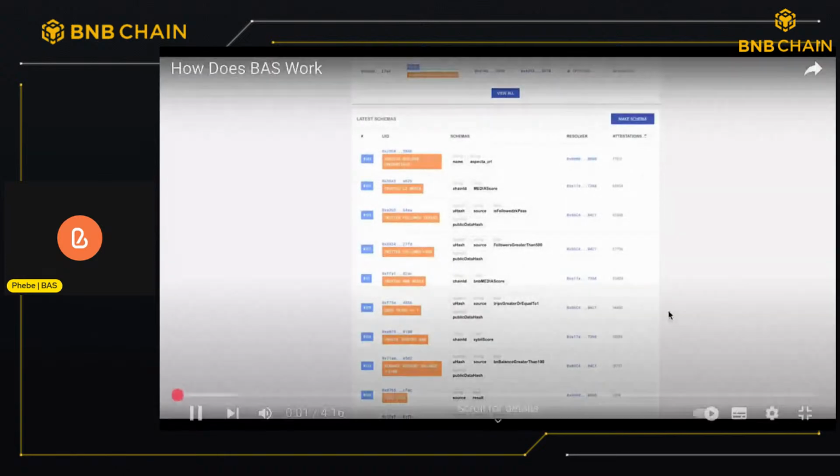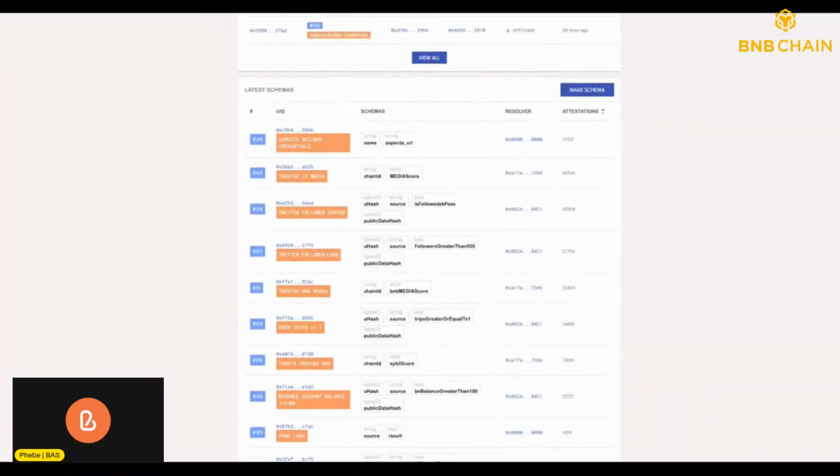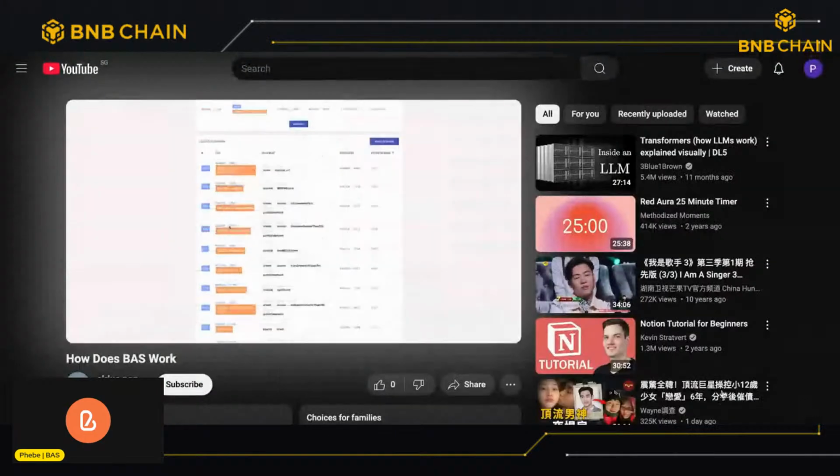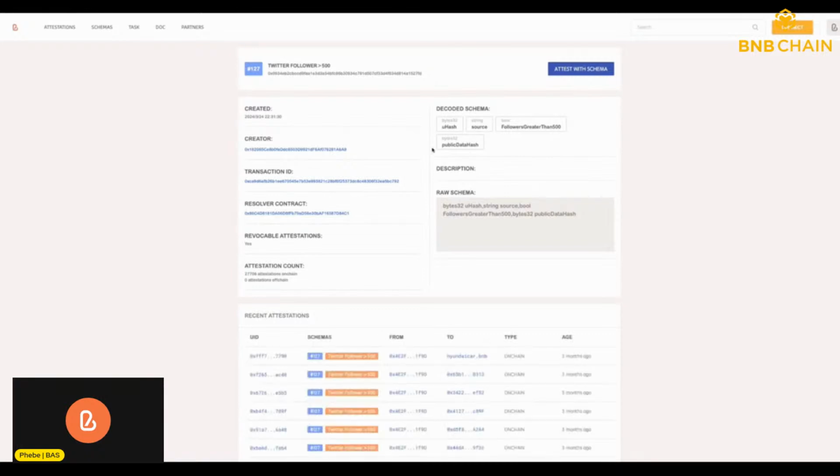First, I will introduce the first important module in BAS, which is the schema. A schema is a structured framework that defines the data format and resolver with an attest function. Schemas dictate what kind of data can be attested and how that data should be presented.